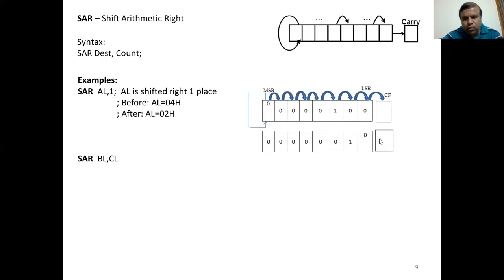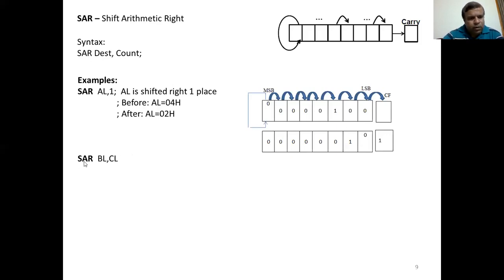So it is 0, not 1. And what is the result? It is 2 again: 00000010 is 2. After the execution of the instruction, AL contains 02H. Again, as with the SHR instruction, this instruction produces an effect of dividing a number by 2.